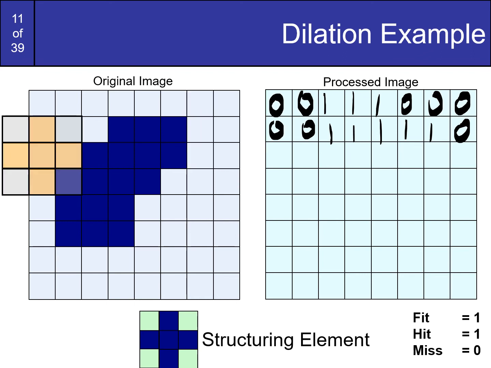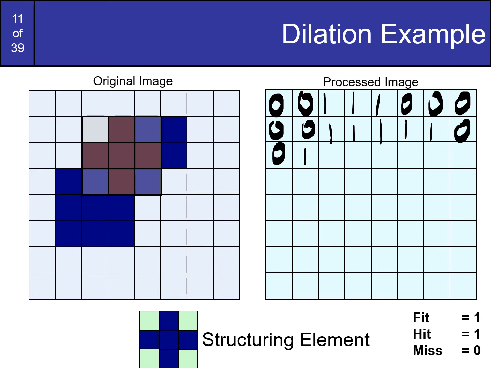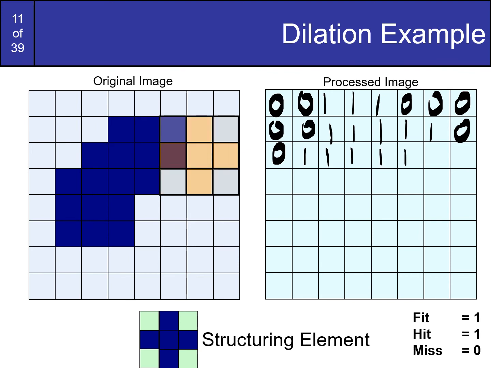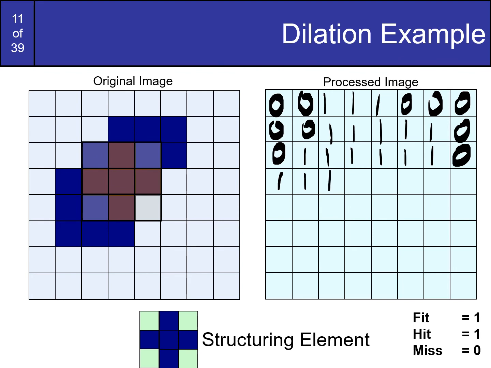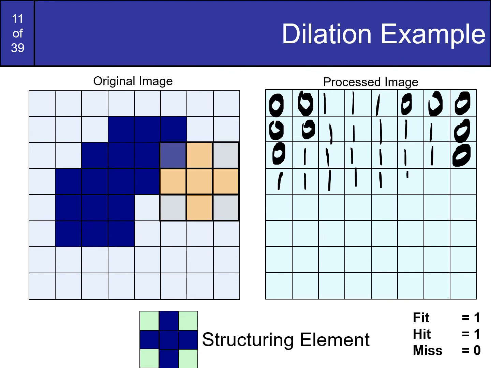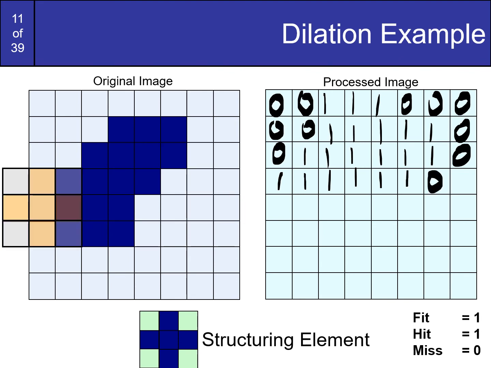Going to the third row, we start with miss 0, hit 1, hit 1, fit 1, fit 1, hit 1, hit 1, miss 0. Next row, hit 1, hit 1, fit 1, fit 1, hit 1, hit 1, miss 0, miss 0.